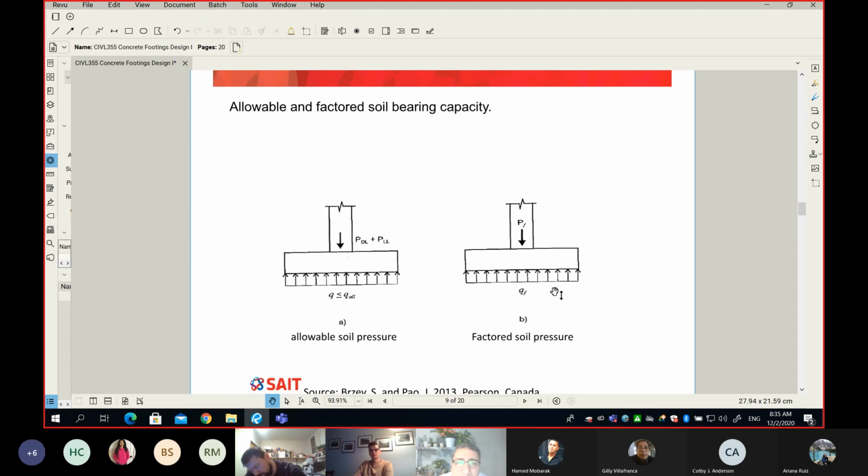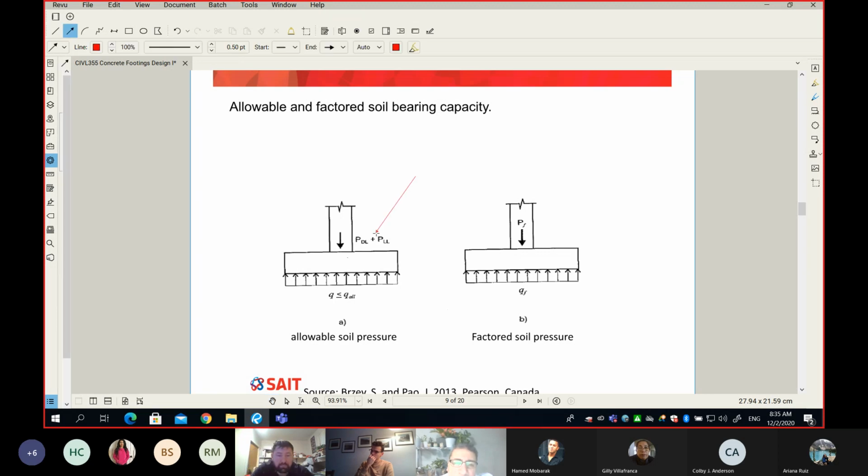I would say 20 years ago or 25 years ago when I was in school, this was not the methodology for the design. They had something called working stress design, which means we do not factor our loads. We just take the dead load plus live load and add them without multiplying them by any load factor. So that's called working load. So you can see two schools.